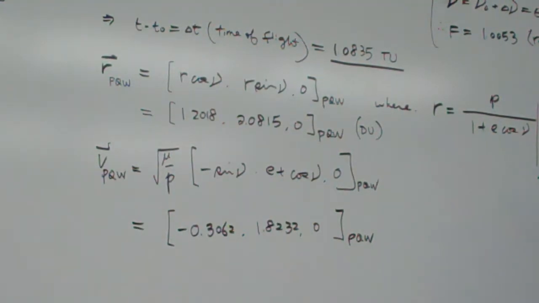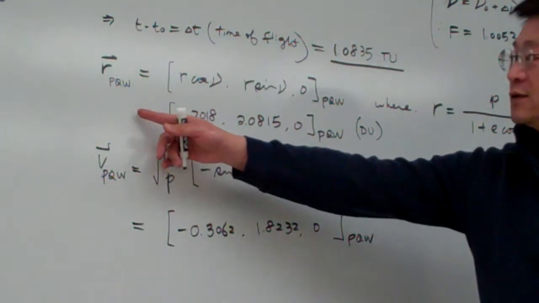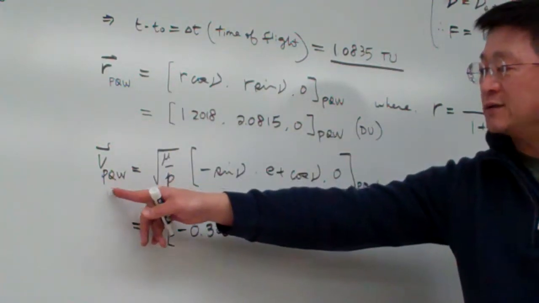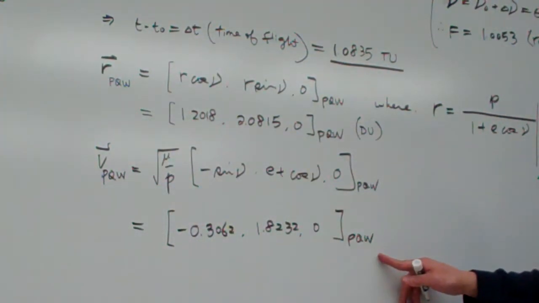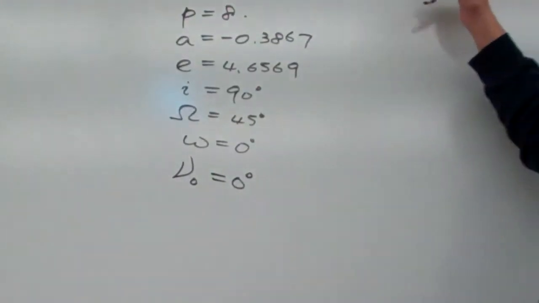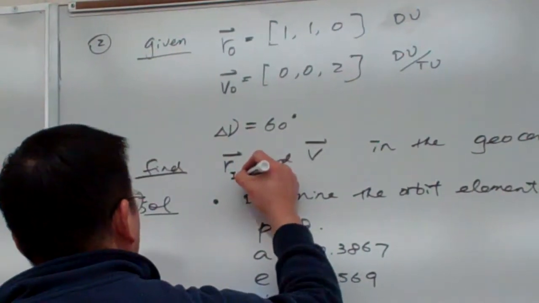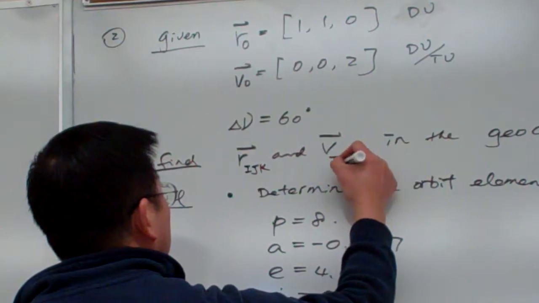Okay, so right now we have calculated the position and velocity in terms of the perifocal system. But here we want to determine those expressions in terms of the IJK coordinate system.